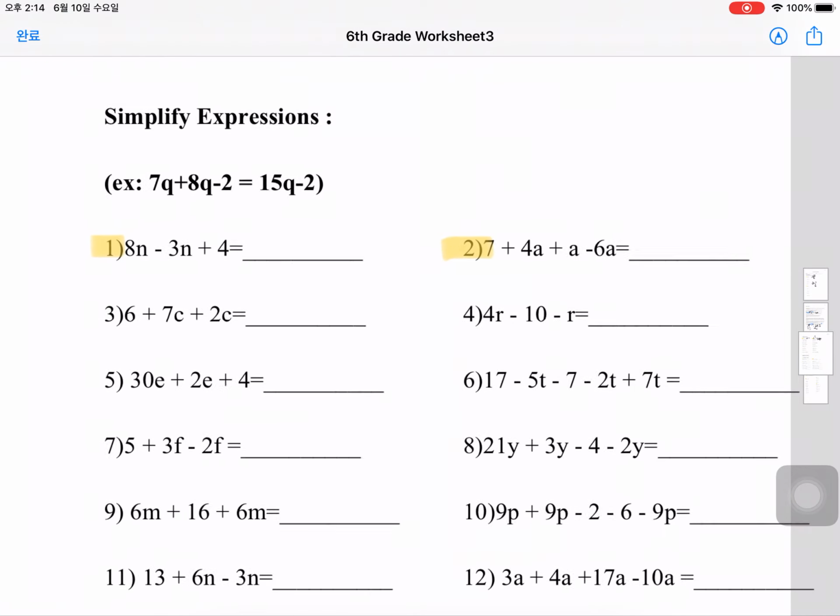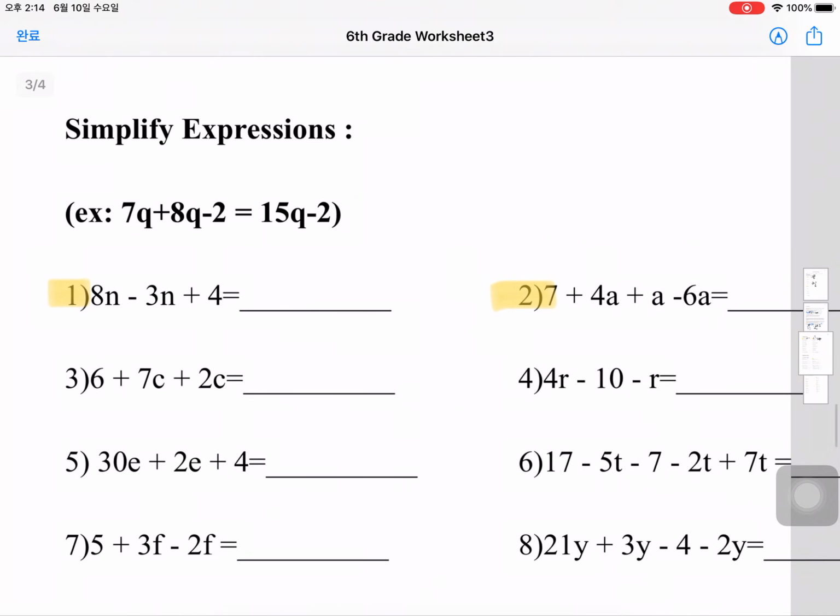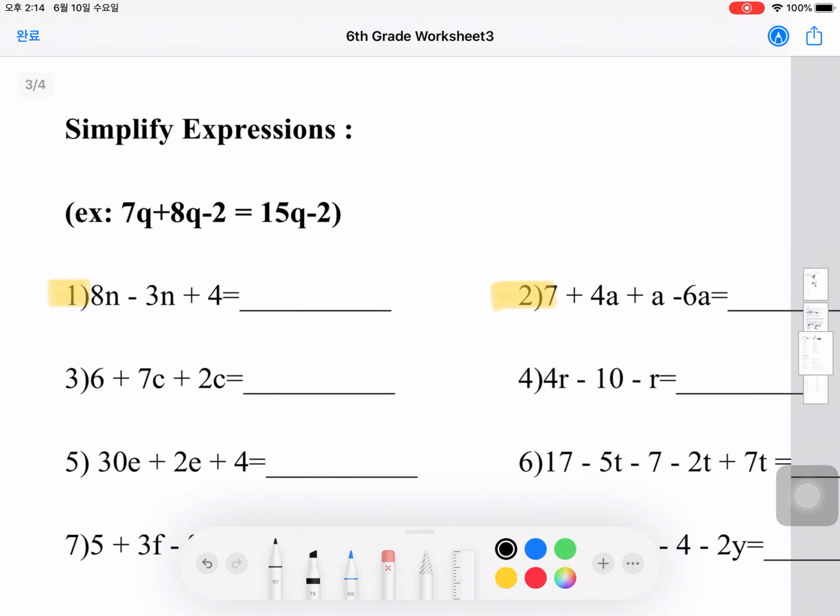And then this part, simplifying expressions. What you want to keep in mind before you do this is letters A, B, C, D, and so on are called variables. The significant part about these is that the numbers in front of any of these variables get added together. And the numbers like 1, 2, and 3 by themselves get added separately.